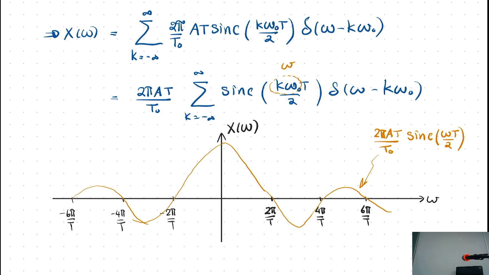And then I have to multiply by delta that occurs every omega 0. So the height of the delta is controlled by this envelope, right? This envelope controls the height of delta. So I have to place delta here, every omega 0.